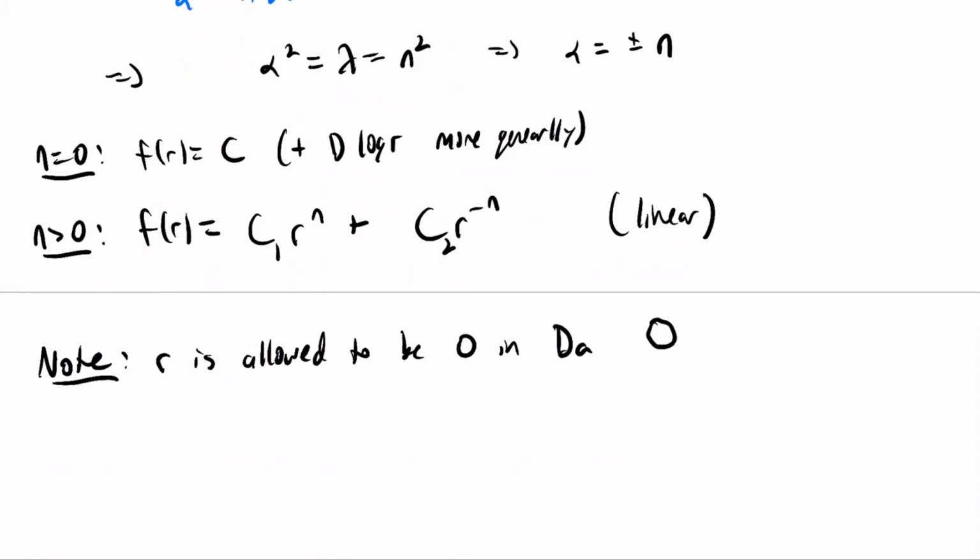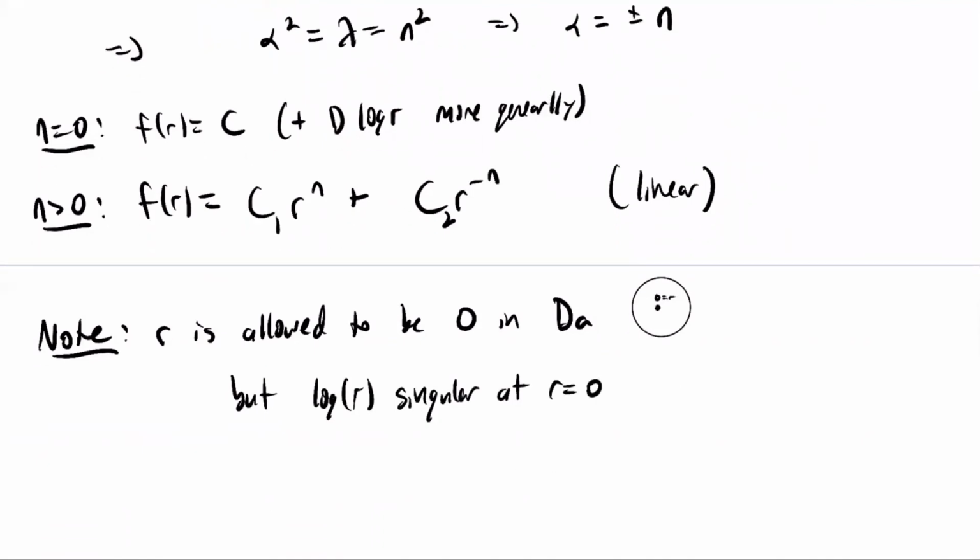Say this is our disk. So the origin is the center of our disk. But when r is equal to 0, log r blows up, right? So log r is singular at r equals 0.